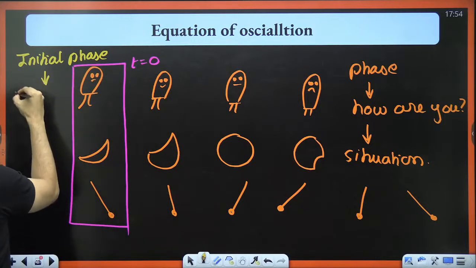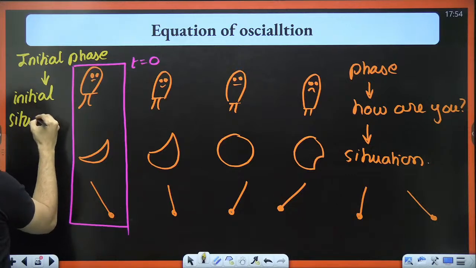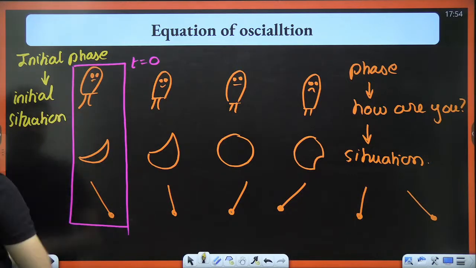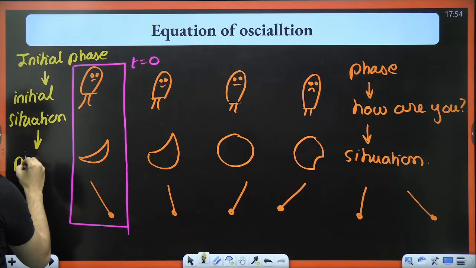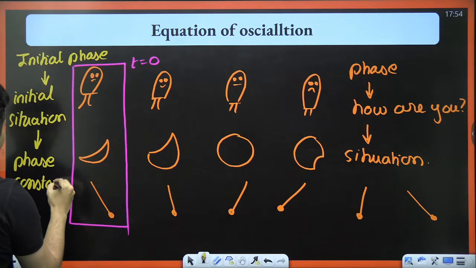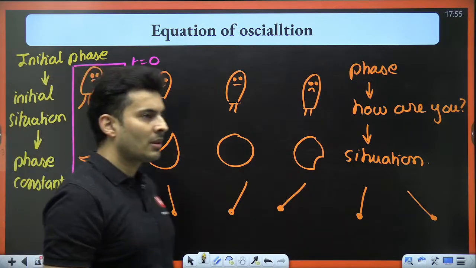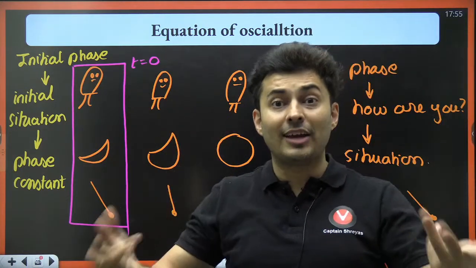Initial phase means your initial condition, initial situation, how was it? That initial phase is also called the phase constant. What is it called, my dear students? Phase constant. Initial phase.